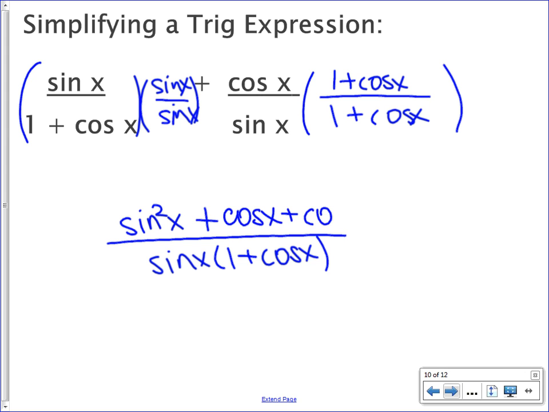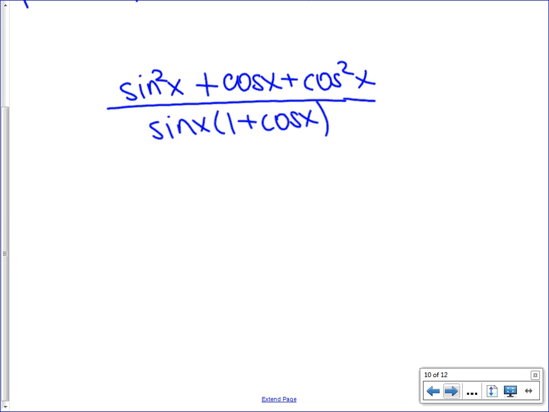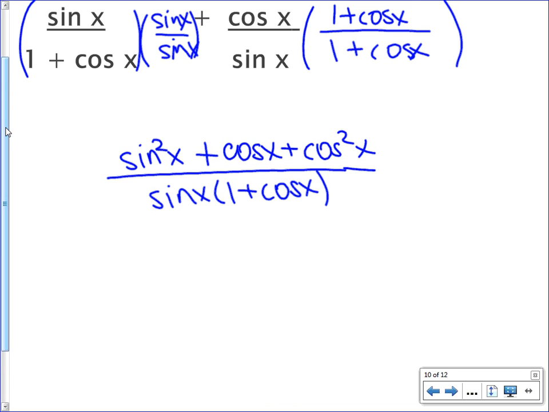Cosine plus cosine squared, correct? What do you see? Sine squared plus cosine squared is 1 because of our Pythagorean identity. So I'm going to take these two and add them together to be 1.